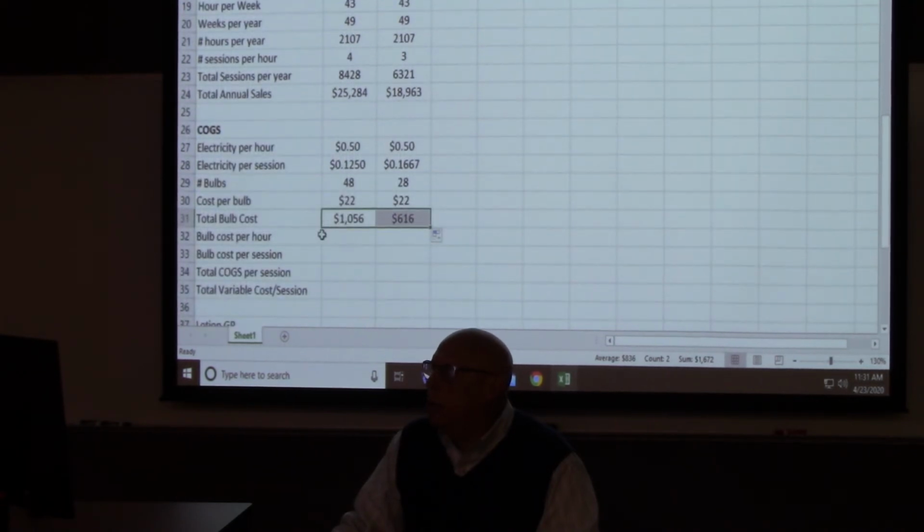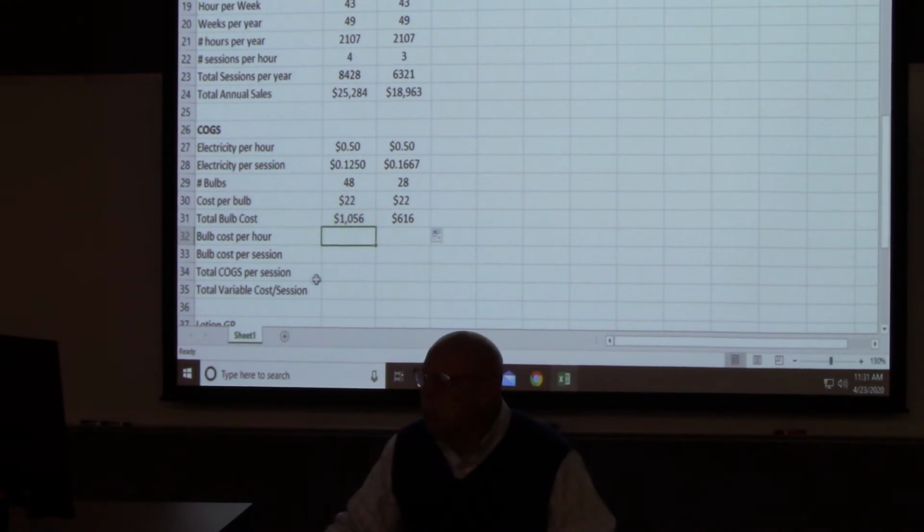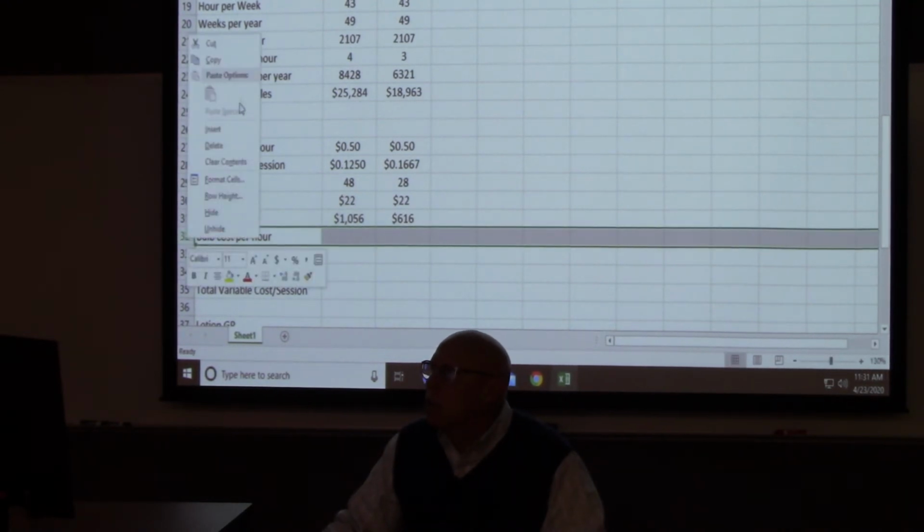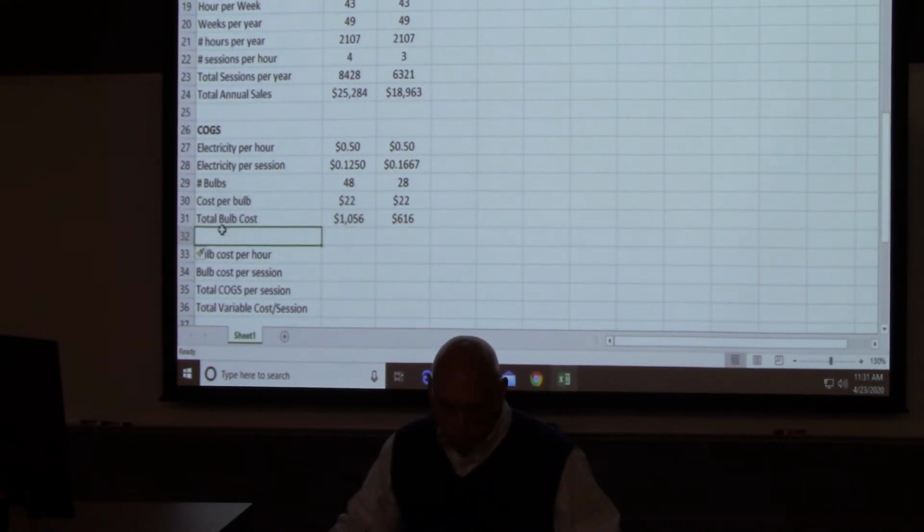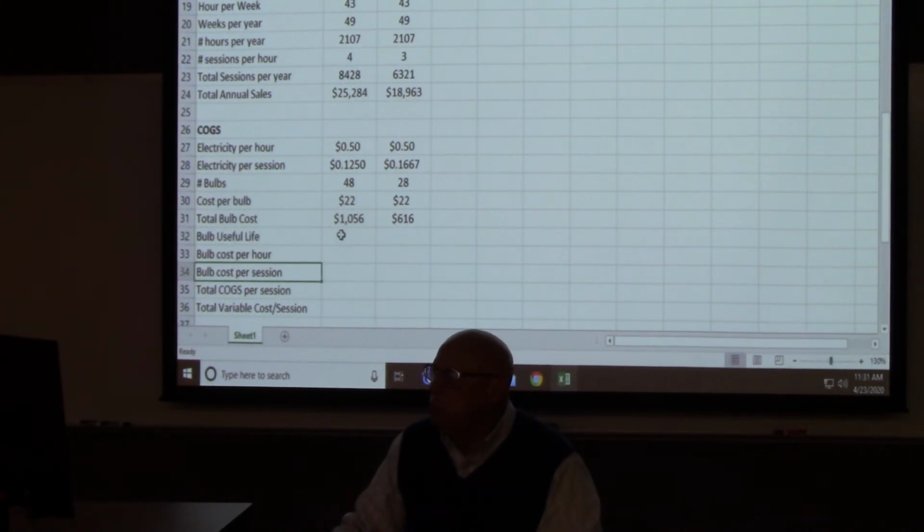So now the bulb cost per hour is equal to the total, well, let's insert this. Useful bulb life, 1,300 hours.